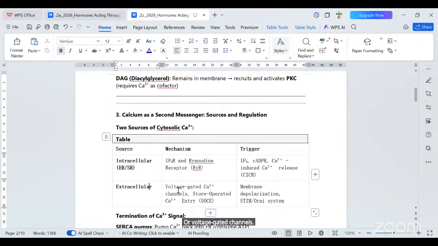What do we mean by voltage-gated? What does voltage-gated mean? Please, you answer in the Zoom chat. Let's see. What does voltage-gated mean?